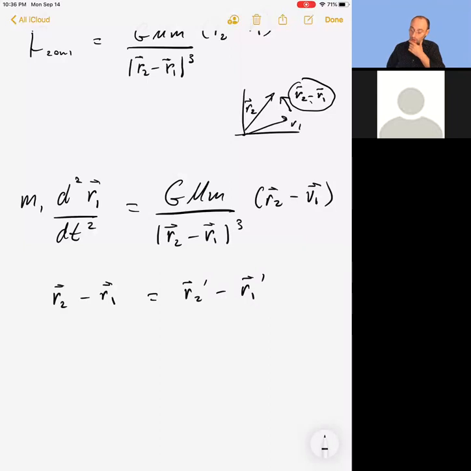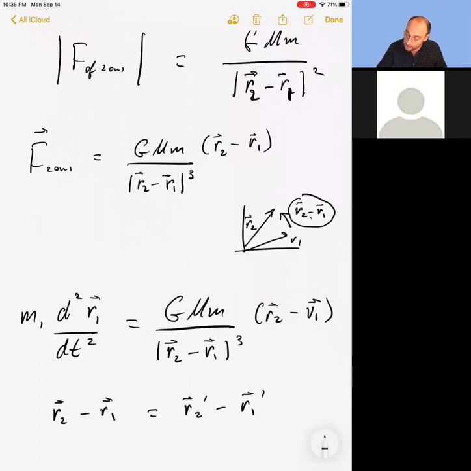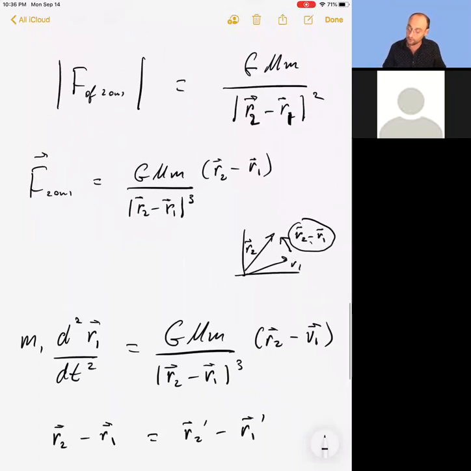That's the beauty of the difference of coordinates. This is Newton's law of gravitation, the inverse square law. It's not just some ad hoc formula. It's a Galilean invariant formula. Why? Because the coordinates appear as differences of coordinates, okay?